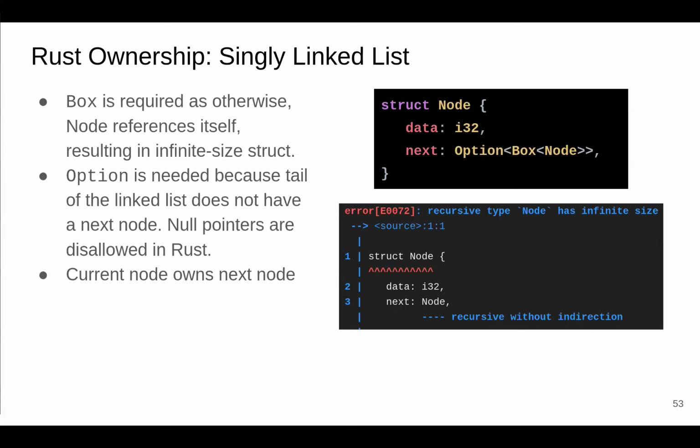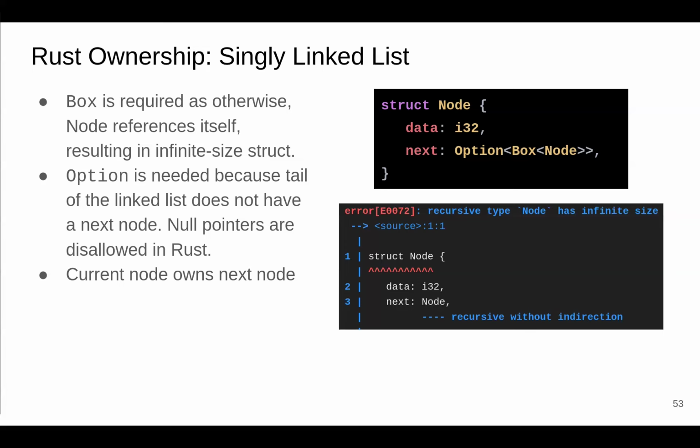Box is required as otherwise the node references itself, and the Rust type checker will decide that this type needs infinite memory because it keeps referencing itself, and therefore error out.